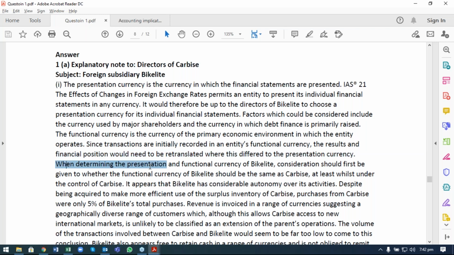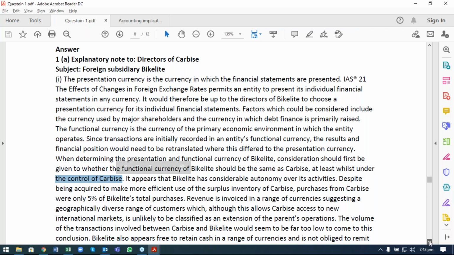When determining the presentation and functional currency of Backlight, consideration would first be given to whether the functional currency of Backlight should be the same as Carbies', as Carbies is the parent company, at least whilst under the control of Carbies. At what point of time? Up to the point of time when Backlight was within the control of Carbies, at the point of time when Carbies had not disposed of the Backlight holdings, right?